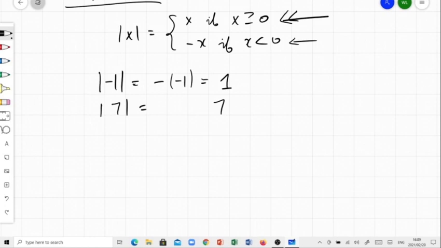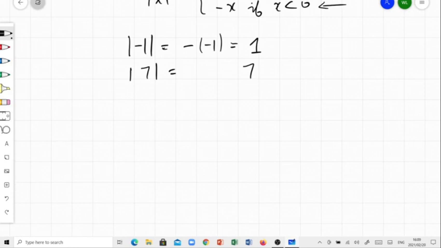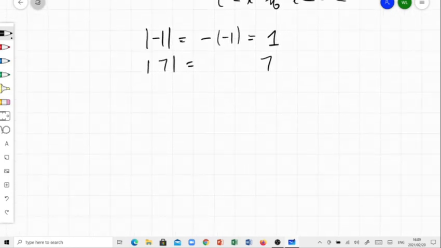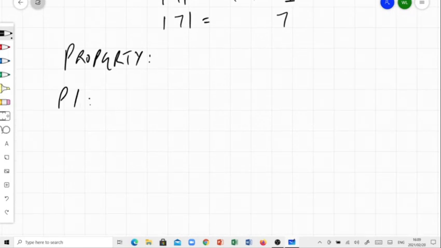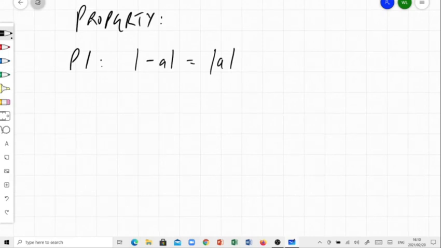Okay, so this is an algebraic definition of the absolute value, and it has very powerful properties, of which we look at 3. The first one is that the absolute value of the negation of a number is equal to the absolute value of the number itself. In other words, negation doesn't change numerical values.